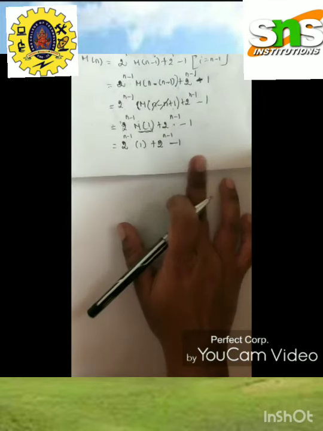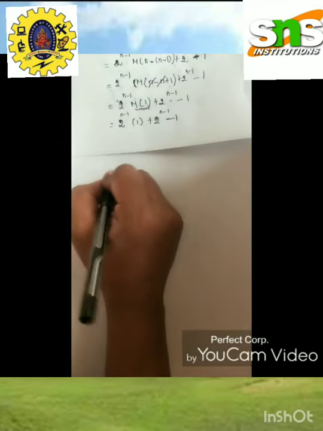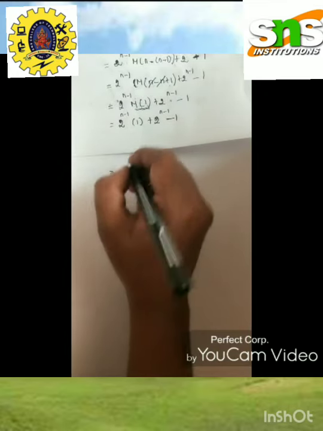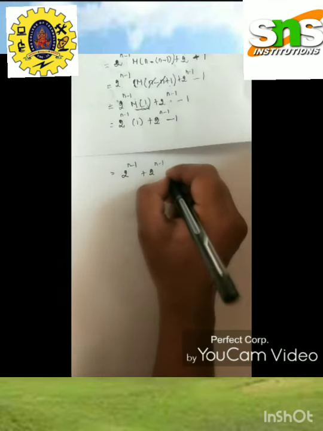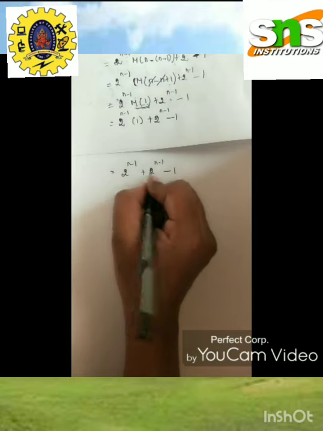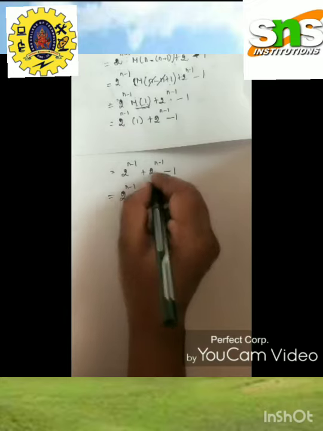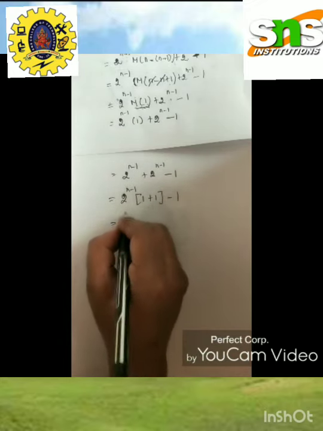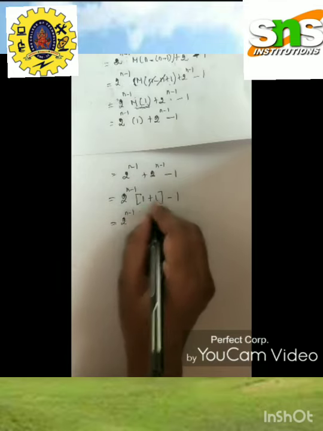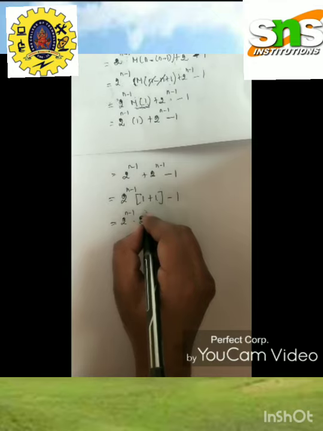Again I am going to simplify this one: equal to 2 power n minus 1 plus 2 power n minus 1 minus 1. From these terms I am going to take the common term 2 power n minus 1. So for this here 1 plus for this here 1, minus 1. So 2 power n minus 1 in 1 plus 1, 2 into 2, that is 2 power 1, right, minus 1.